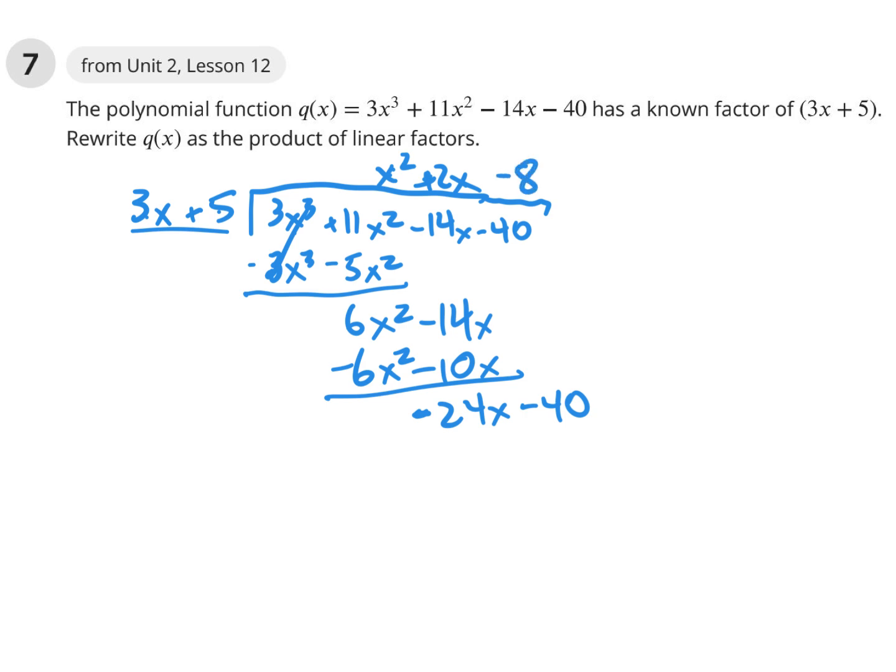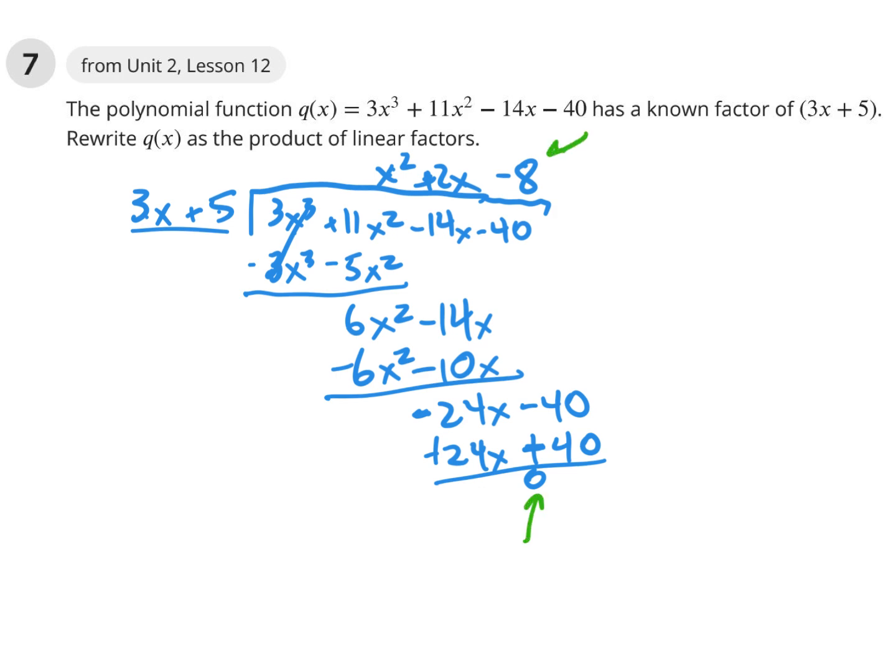So if I say minus 8, 8 times 5 is 40, negative 40. Negative 8 times 3 is negative 24x. Change both signs. We get 0. So now we have a linear factor and a quadratic. Anything to the square power is quadratic. So we have to factor the answer. This is our answer.